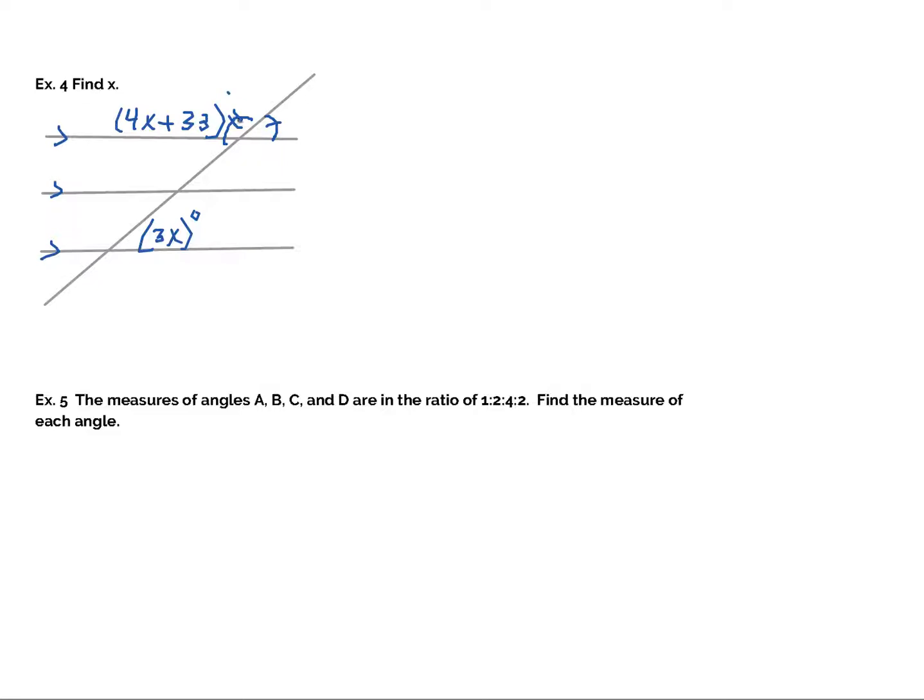But one thing you do know is the 1 slash and the 2 slashes, the big one and the smaller one, they're a linear pair because they lie on a line. So they add up to 180 degrees. The other thing you should know is if they're on the right side of the transversal above the line, they are going to be corresponding angles, and all the corresponding angles are going to be the same.